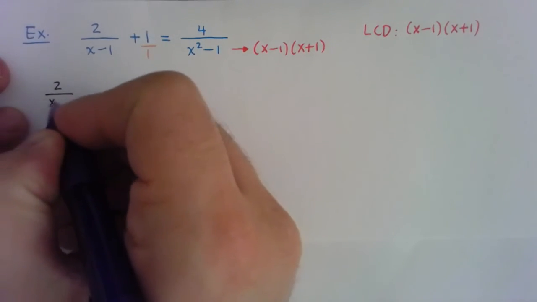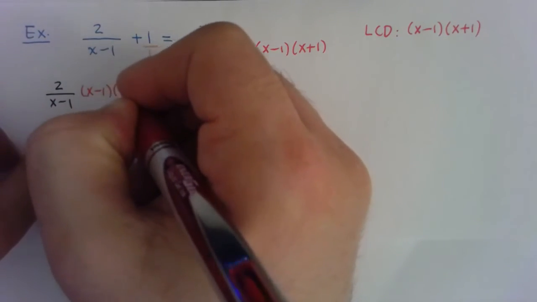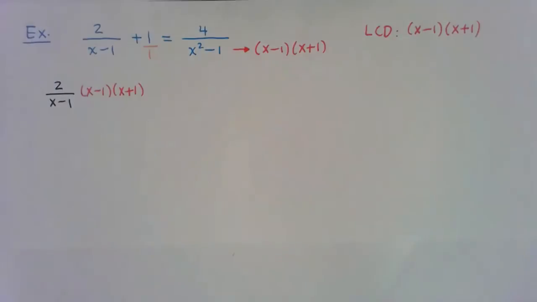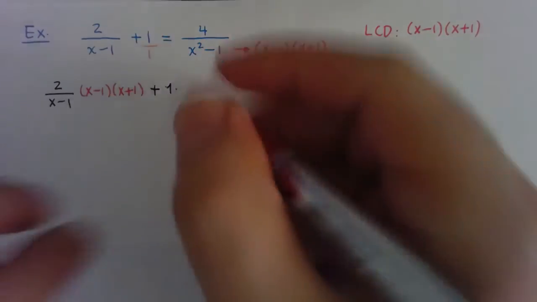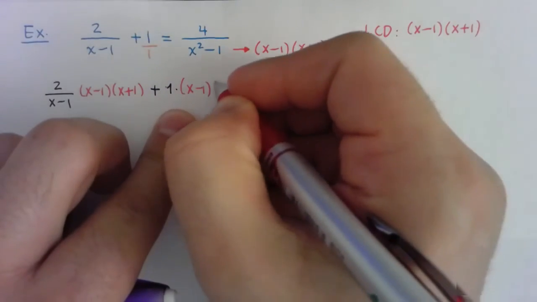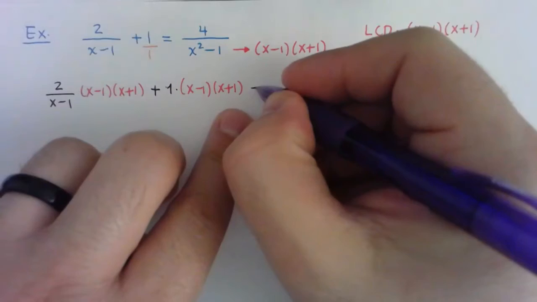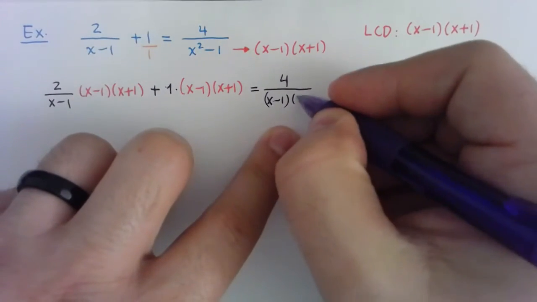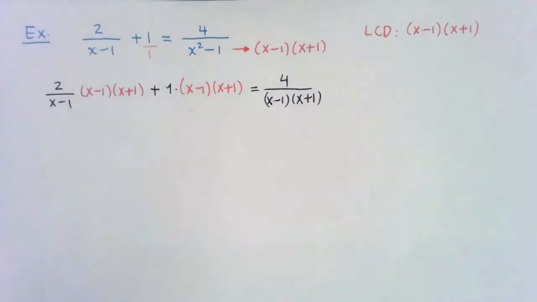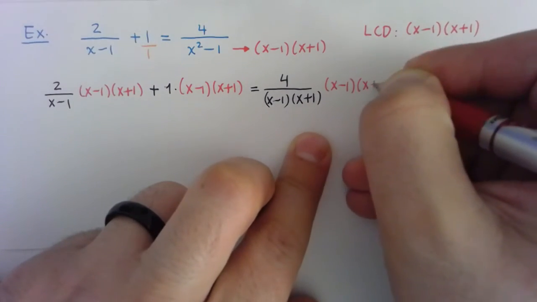Now again, multiply each one by the LCD. 2 over x minus 1 multiplied by x minus 1 times x plus 1, and then plus 1 times x minus 1 times x plus 1. You already have no fraction in there. Then we have 4 over x minus 1 times x plus 1 multiplied by x minus 1 times x plus 1.